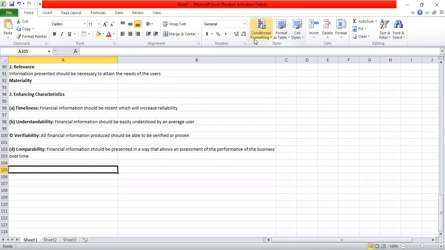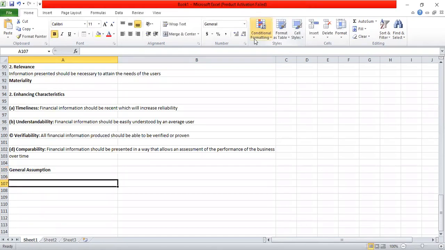Right, then we also have what we call our general assumption according to the conceptual framework. Our general assumption is called going concern.